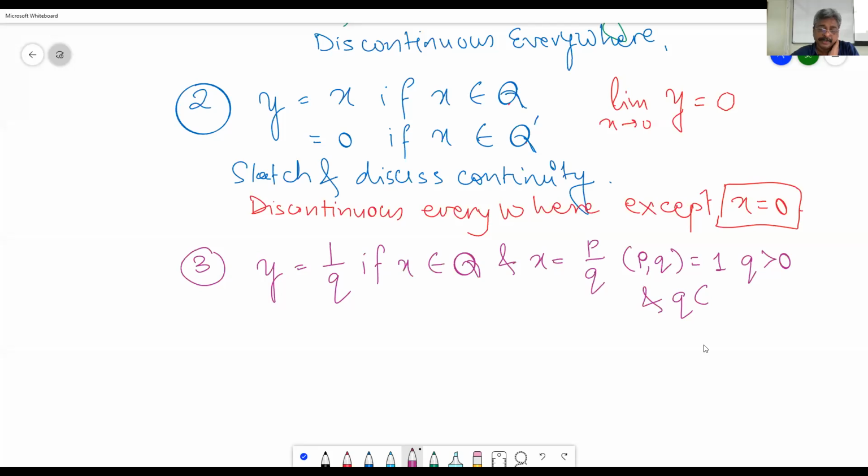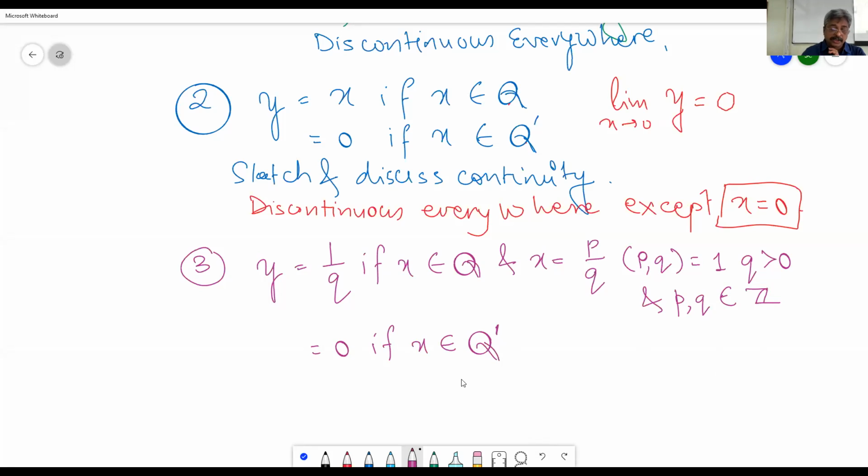P and q, both of them are integers, right? And y is equal to 0 if x does not belong to Q, that is, x is irrational.